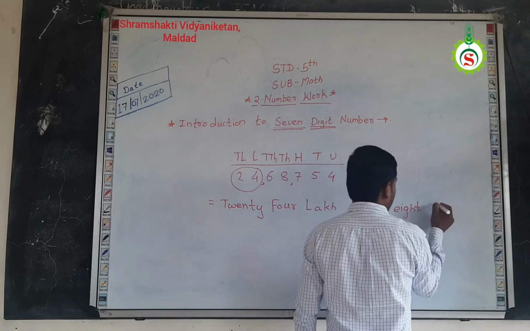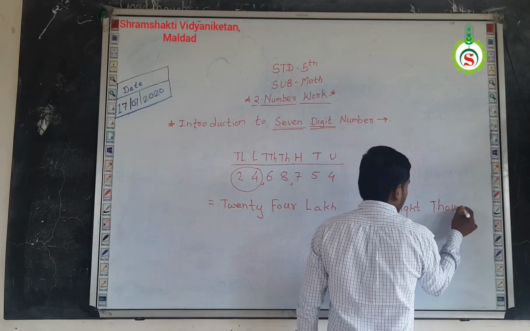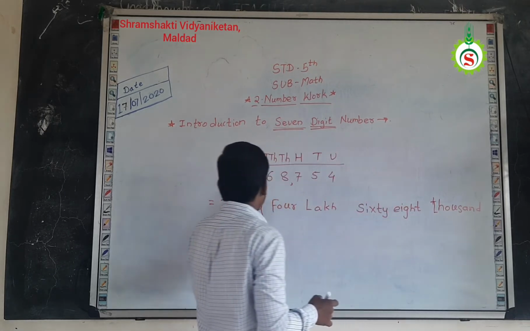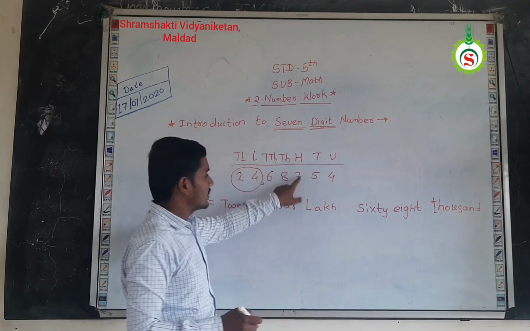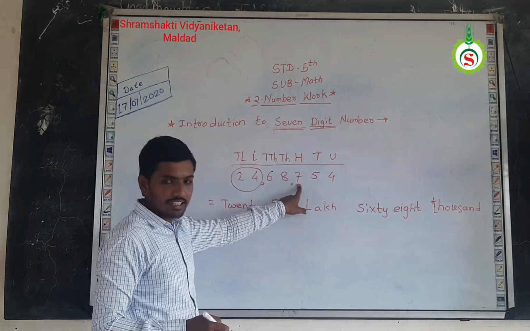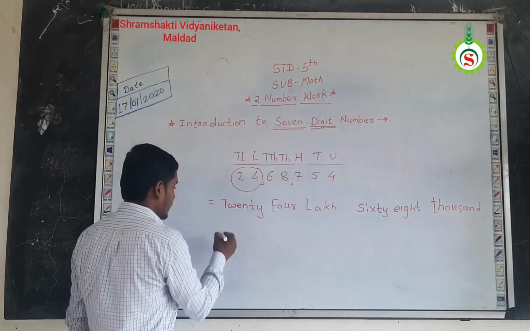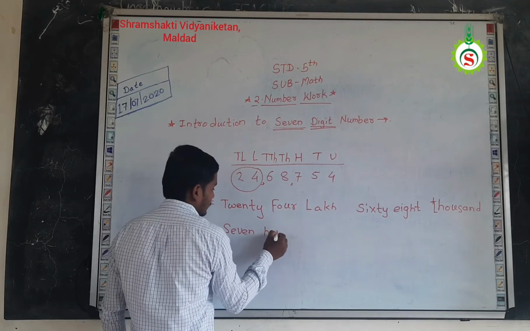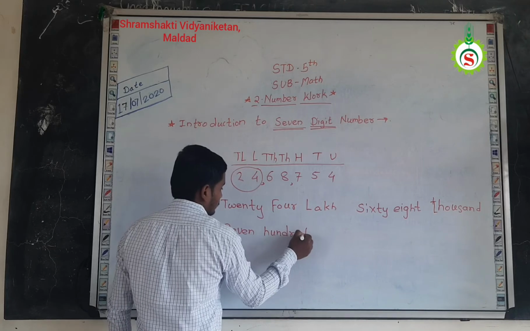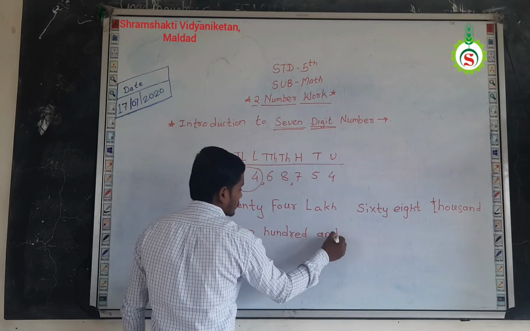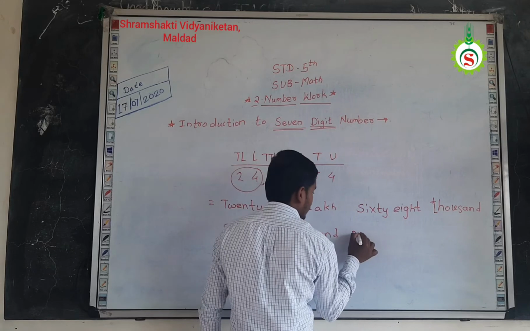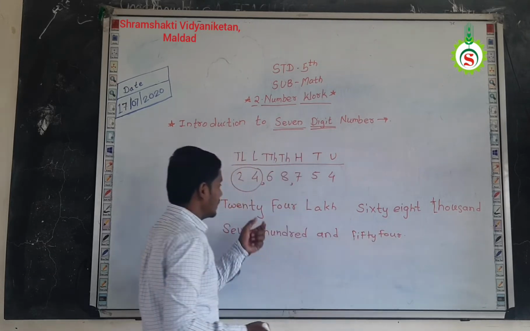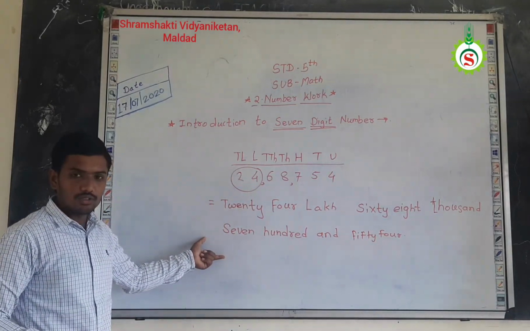So 68,000. Now next digit is 7. 7 is at the place of 100. So 700 and 54. Like that I will write that number into words.